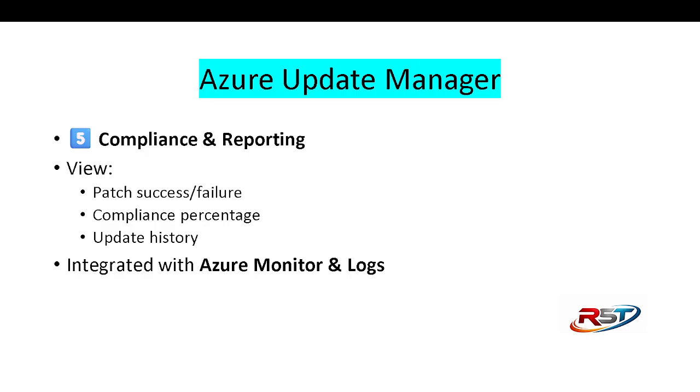Suppose we have 100 servers, and from those 100 servers, it shows how many have completed, as a percentage. Based on that percentage, we have to work on it. If any non-compliant servers are there, the percentage is less, and we have to verify the remaining servers and work on them. It will also show the update history.